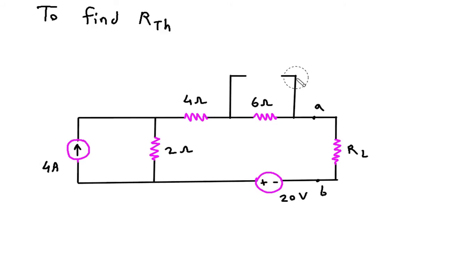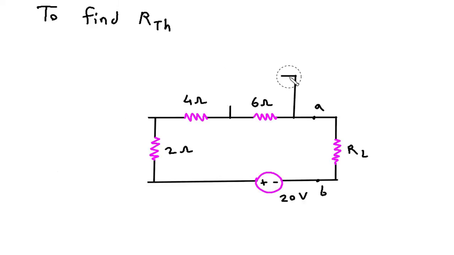This is a current source, so this will be open circuited. This is also a current source, so this will be open circuited. This is a voltage source, so this will be short circuited. And here this will be our RTH.